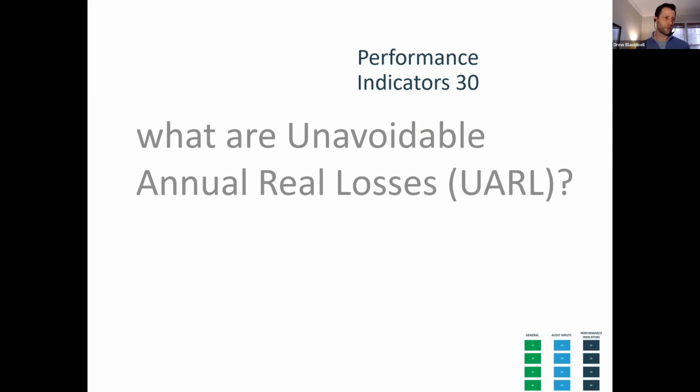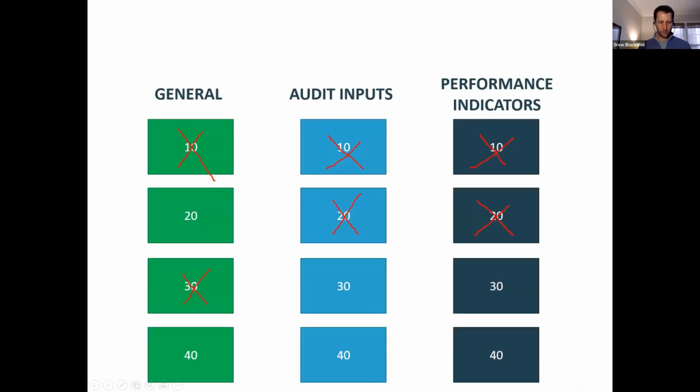The potential for leakage just already starts to go up. So no system is immune from leakage. There are unavoidable annual real losses in every system.